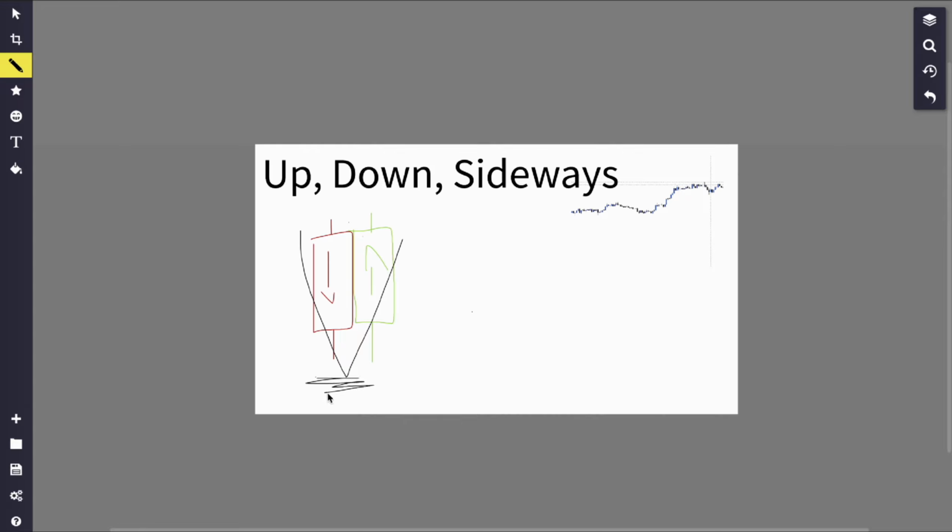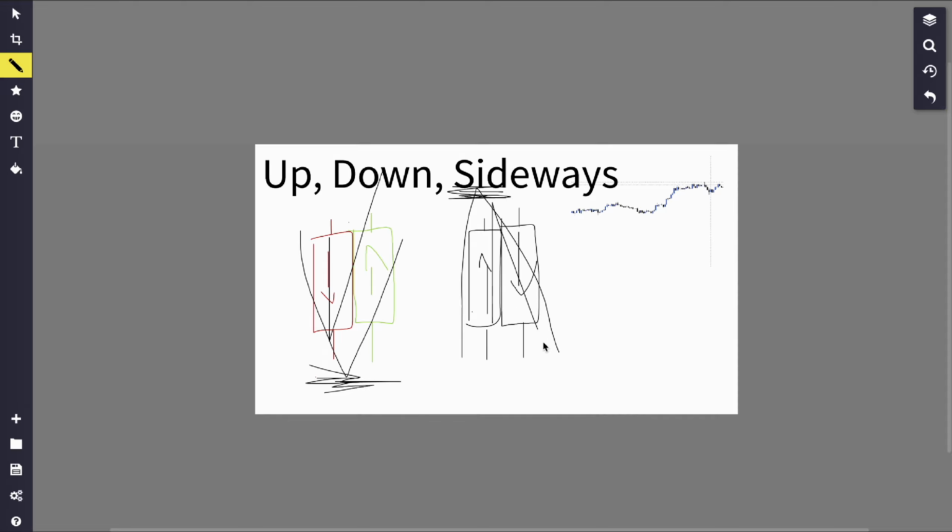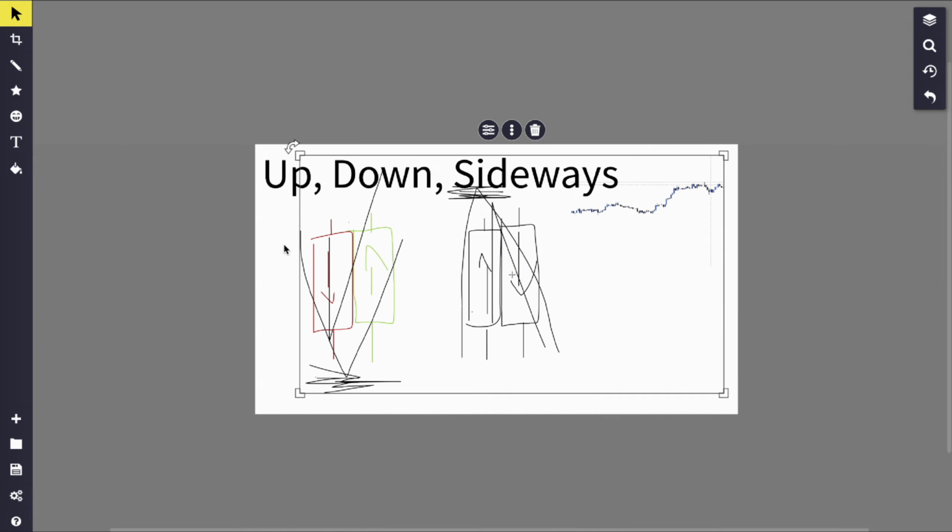There's a low here. And then if it's vice versa, going down, it's going up, then down, there's a high. So these trends are filled with lows and highs where it's going down and up or up and down. That's the most important thing we have to know.